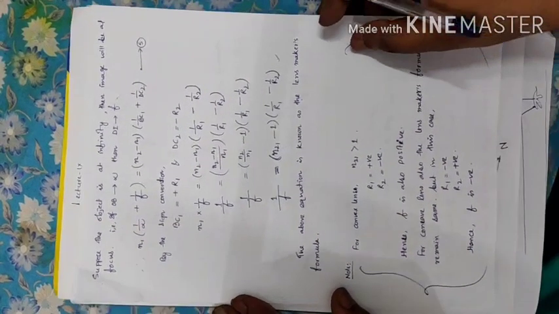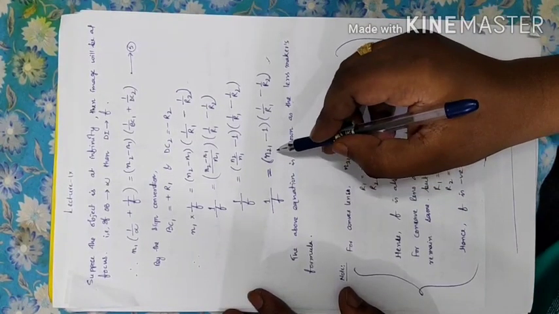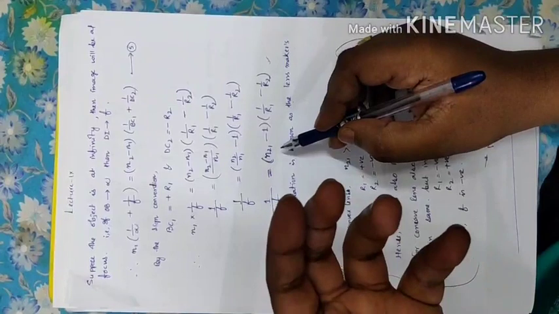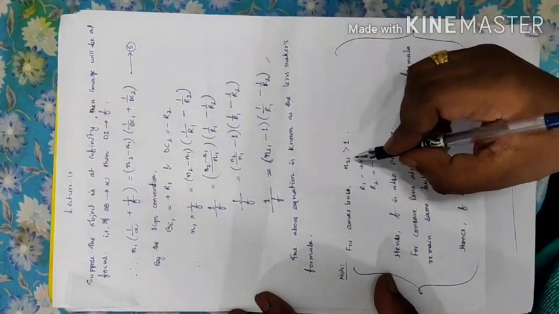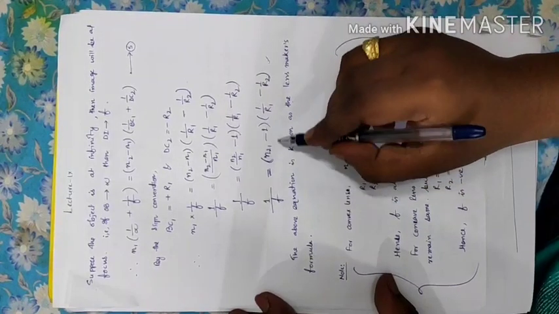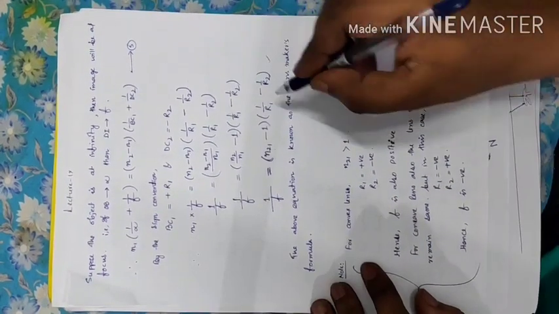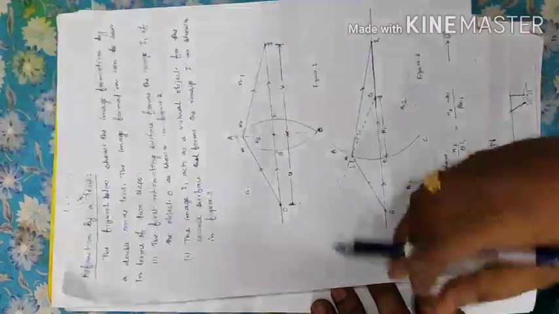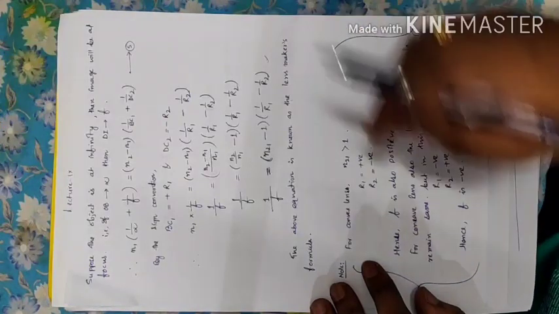And one more thing: this n21, the refractive index of the medium of the lens, is always greater than 1. So n21 minus 1 is always a positive value. Now for a convex lens, as we have considered, R1 is positive and R2 is negative.